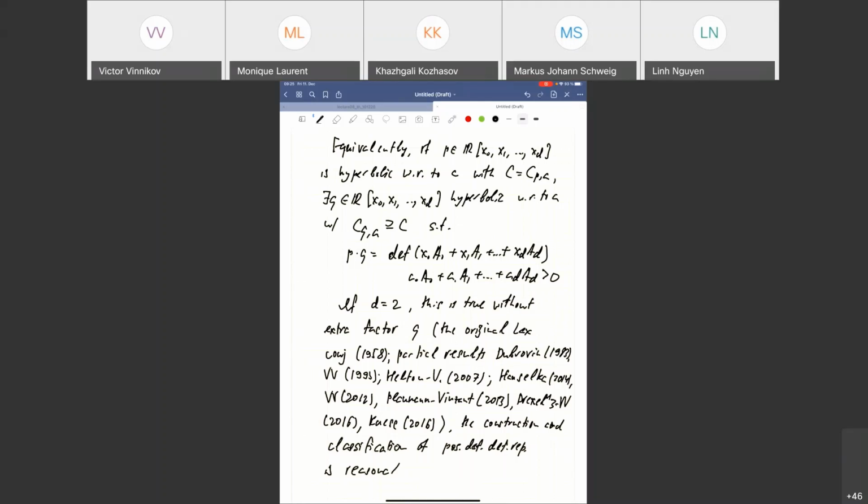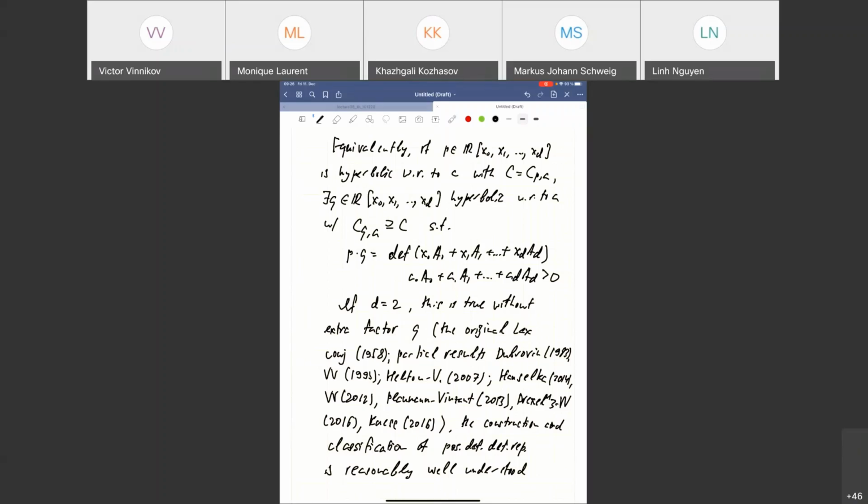Again, there are still very interesting open problems, especially computational problems, but all in all, the problem is by now reasonably well understood. Okay, now that's for d equals 2.